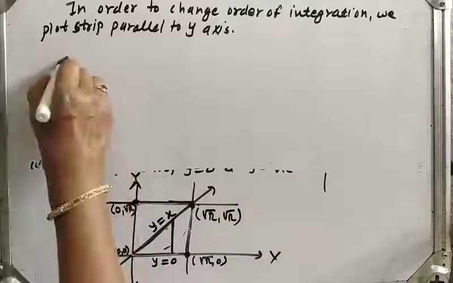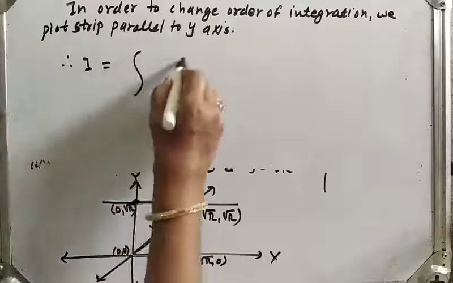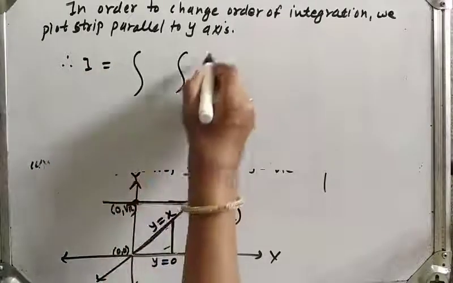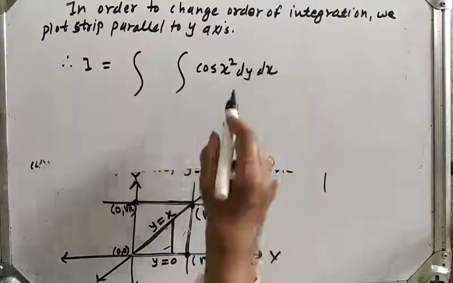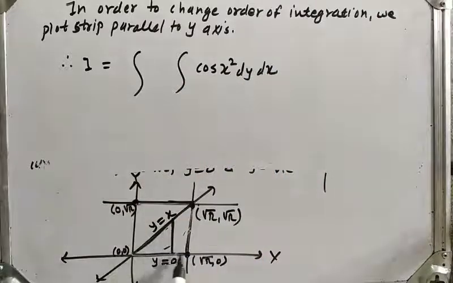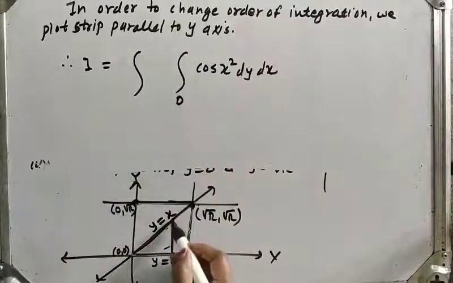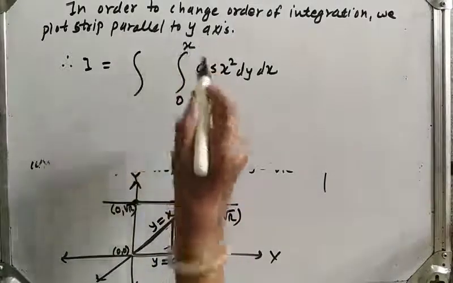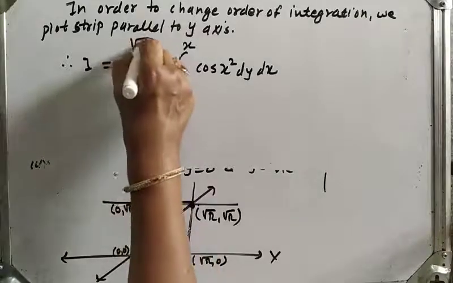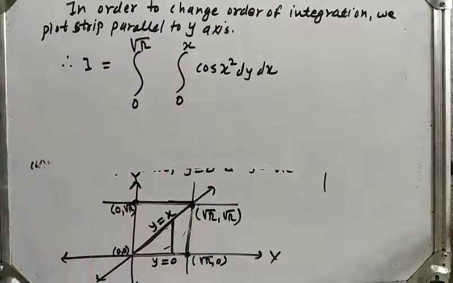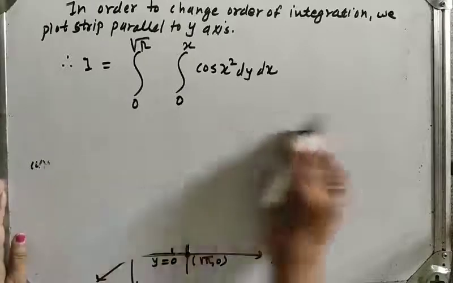Therefore it will be a double integration. What is the given function? Cos of x square dy dx. What are the limits of y? This strip touches here, on this curve whose equation is y is equal to 0, to above it is y is equal to x, and for x its value is 0 here and root pi here, so 0 to root pi. Okay, and then we will solve it.